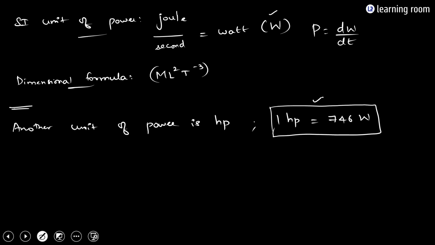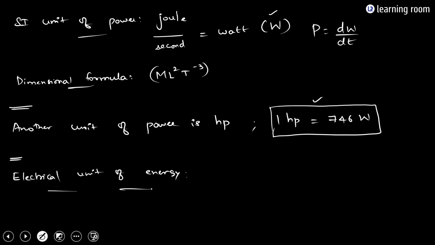Motorbikes, cars, right? Similarly, we have the electrical unit of energy. So this you would have learned in your 10th grade. Suppose there is a 40-watt bulb which is running for 8 hours.